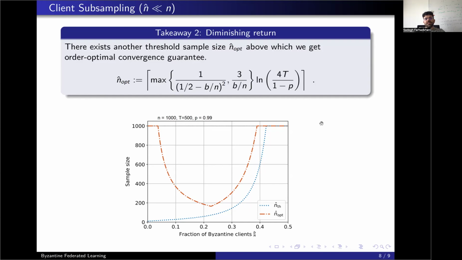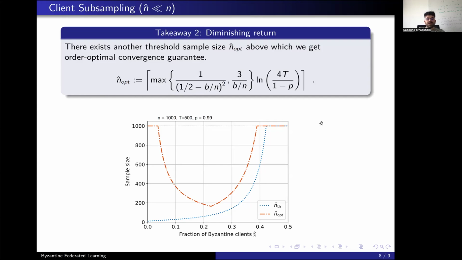The second important message in the paper is that if you keep increasing the sample size further away from the threshold value that we just discussed, it's going to improve the convergence guarantee, which is expected, but this improvement is going to saturate quite early.